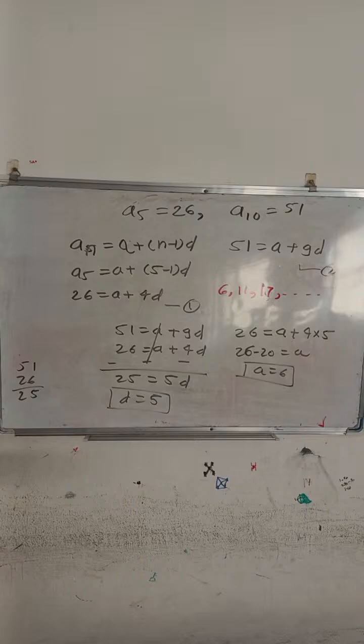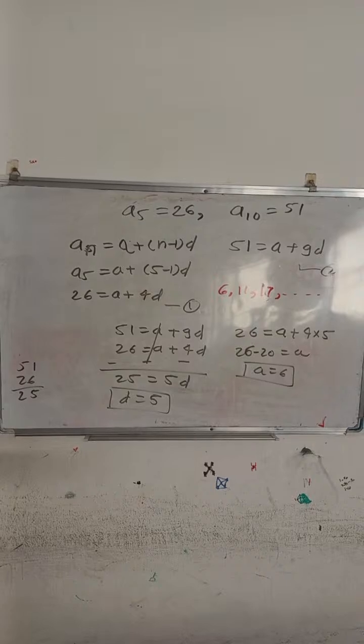Look, what is the question here? In a certain AP, the 32nd term is twice the 12th term. Prove that the 70th term is twice the 31st term. Okay. Actually, we have to prove that A70 is equal to twice A31.